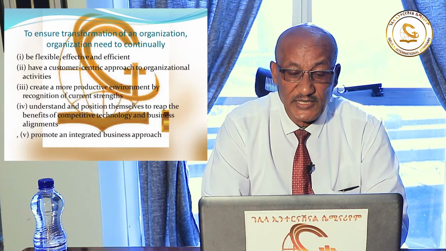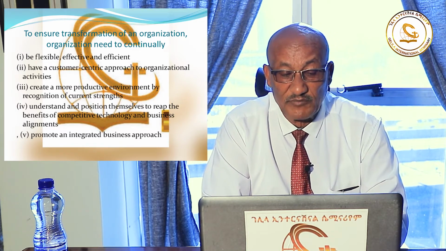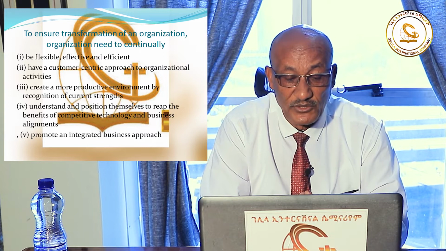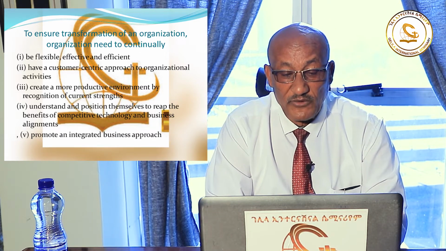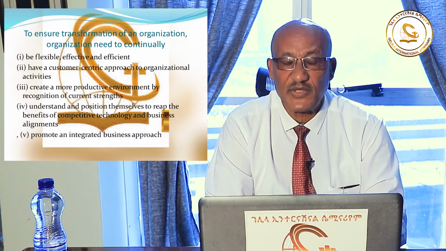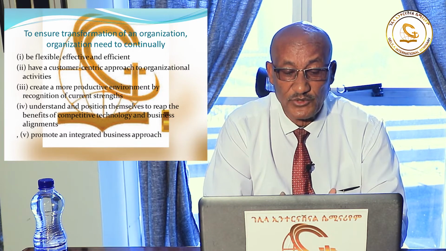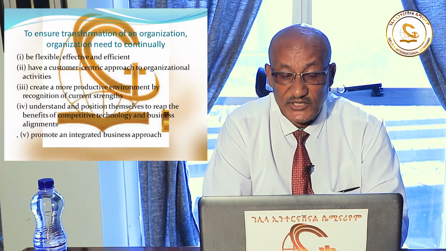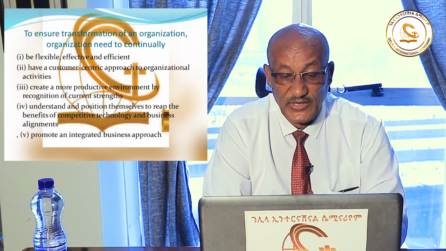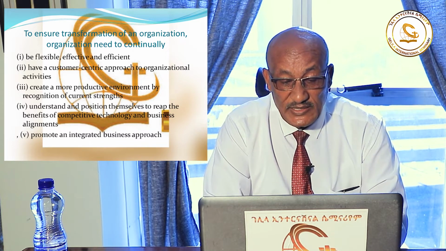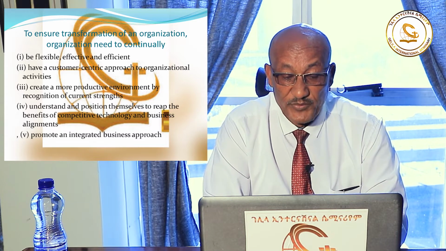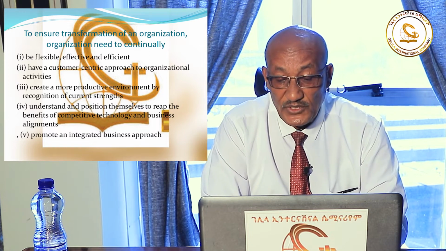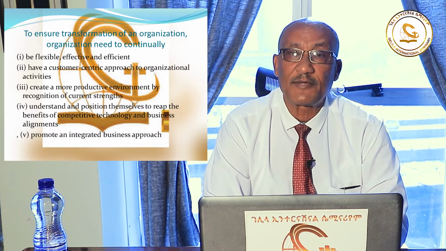Third point is create more productive environment by recognition of current strengths. Therefore, our environment must be productive, and we have to be able to understand the current strengths of that organization. The fourth point is understand and position themselves to reap the benefit of repetitive technology and business alignment.